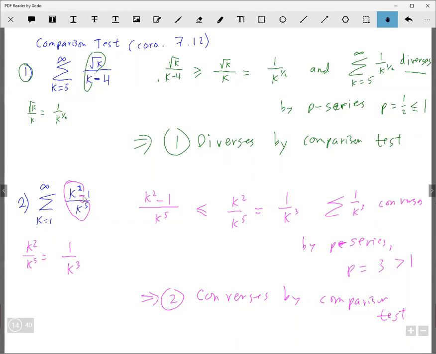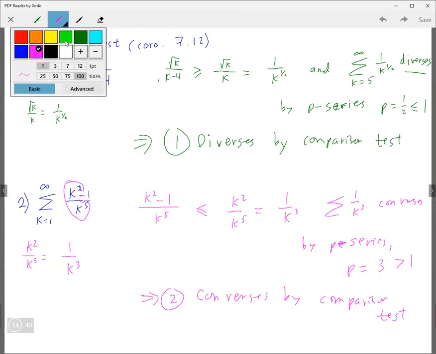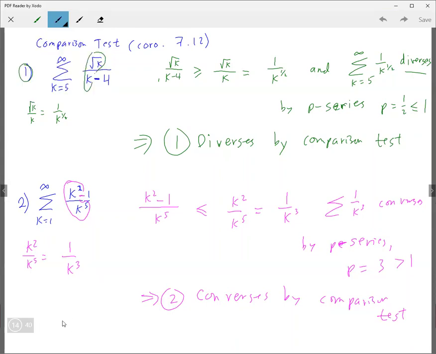Okay, that's the only thing that matters, because there's something called the limit comparison test, which we're not really going to cover in this class because it's not the topic for this class.